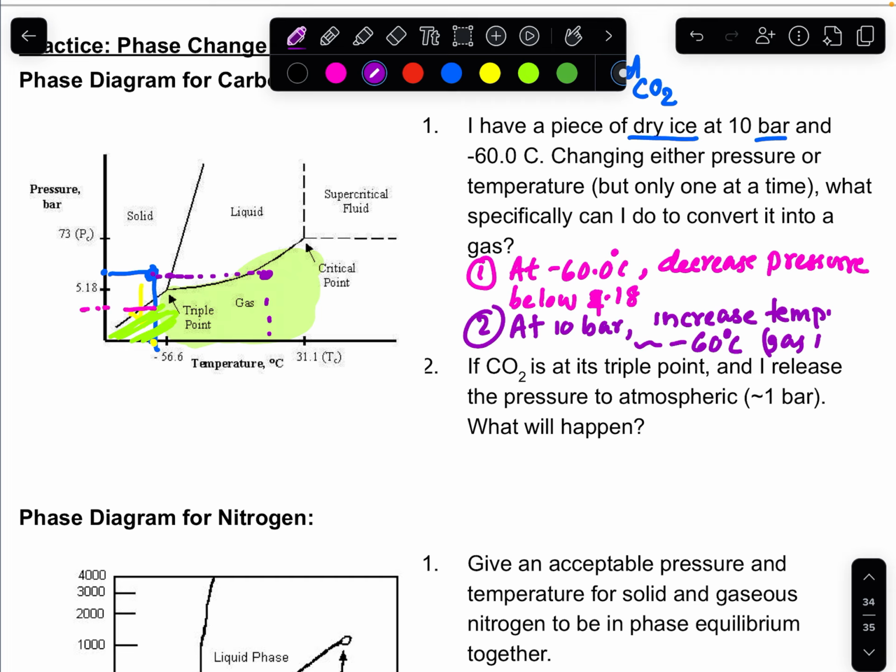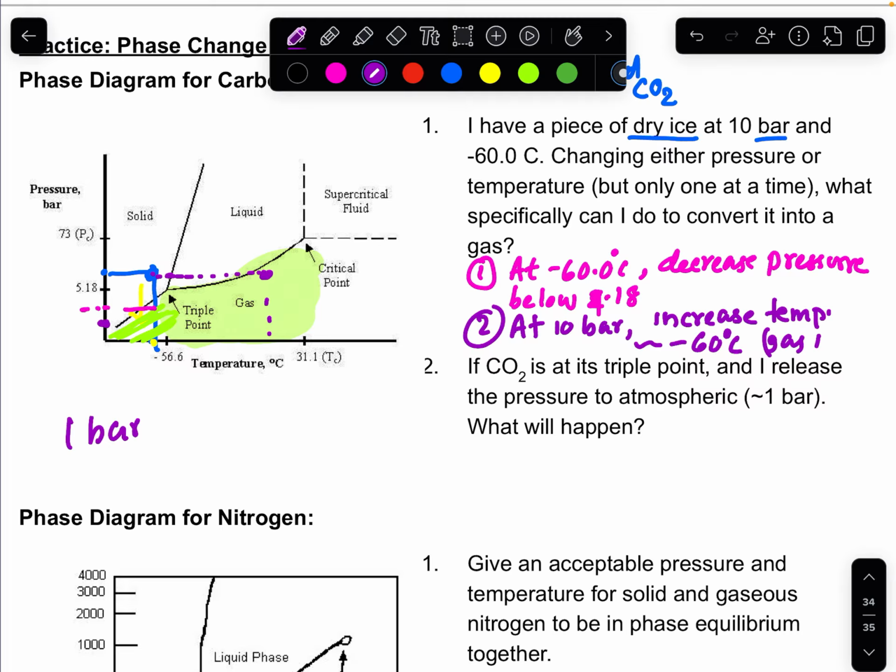Okay. If CO2 at its triple point, I release the pressure to atmosphere 1 bar, what will happen? So let's see. Carbon dioxide gas was compressed and the pressure is released to 1 bar. Okay, so 1 bar is the atmospheric pressure. So let's go see, maybe here, right?